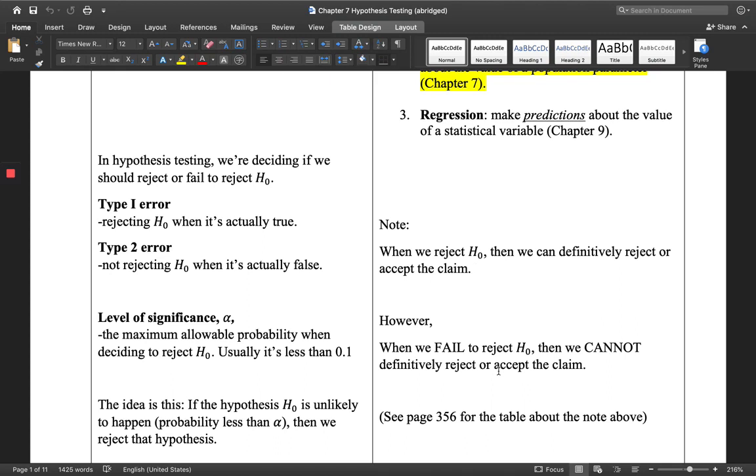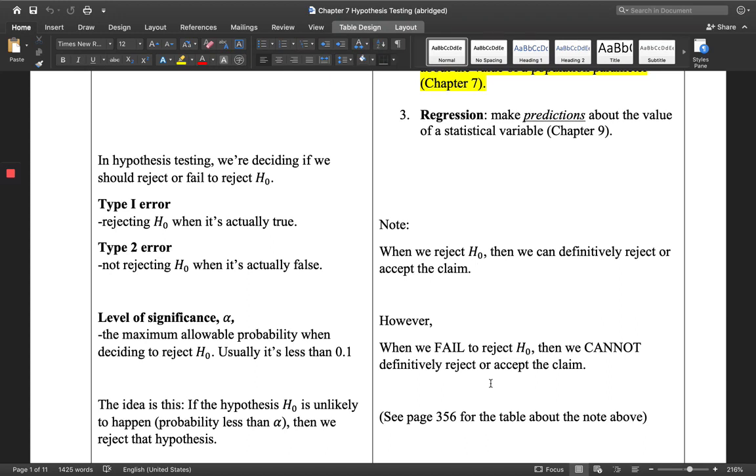I know this sounds kind of weird, right? And honestly, to me, it's a little weird too. It's much more simple, and for the most part, you just want to think of failing to reject as kind of the same as accepting. But in statistics, if you talk to a statistician, they're really particular about the language here. It's kind of like when you go to a court of law.